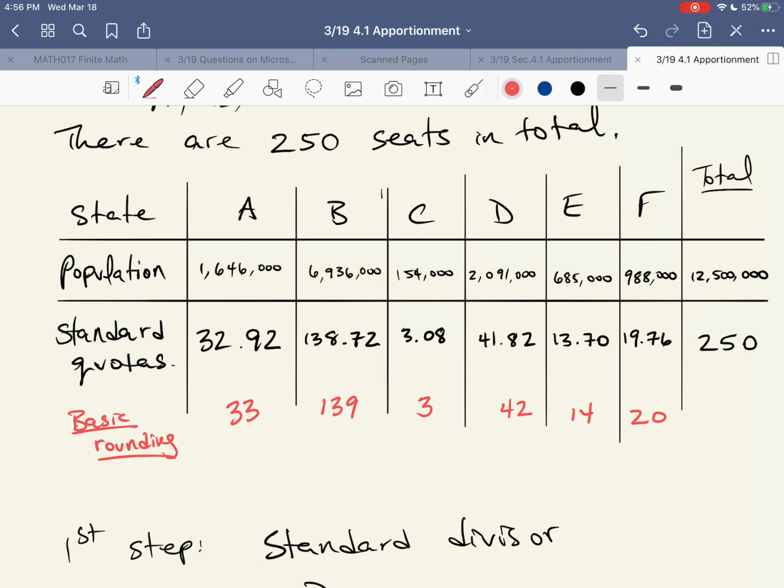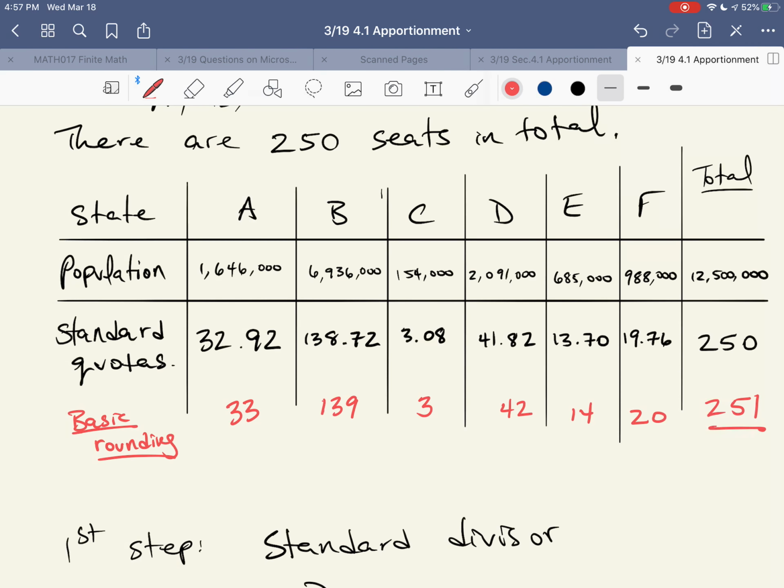But let's see what happens when we add all of these up. 33 and 139 makes 172, and 3 makes 175, and 20 makes 195, and 42 makes 237, and 14 makes, oh dear, that makes 251. Now that's not all right. We don't have 251 seats to give away.